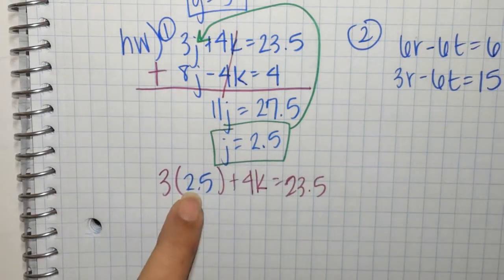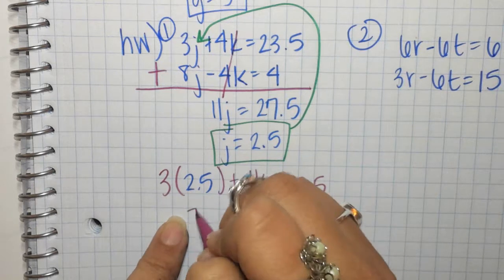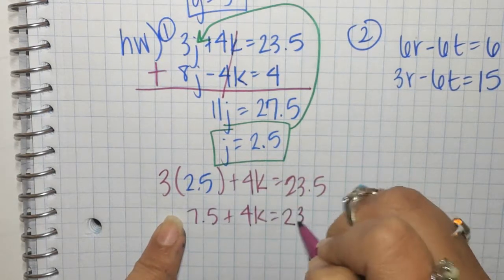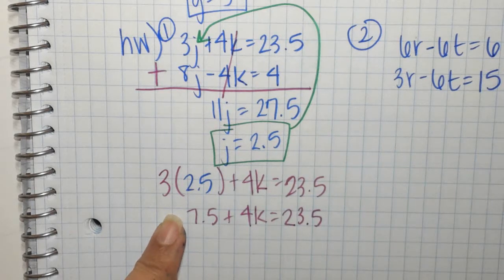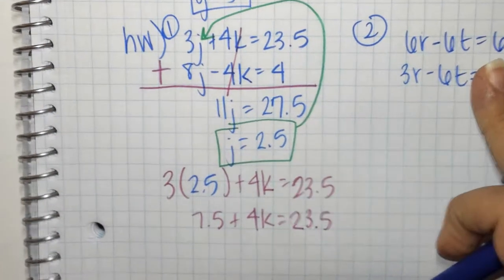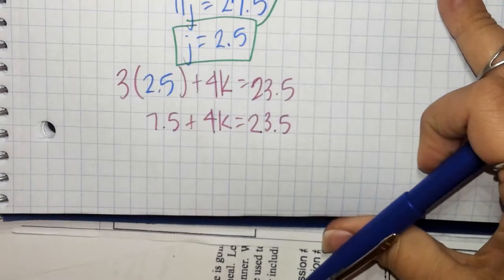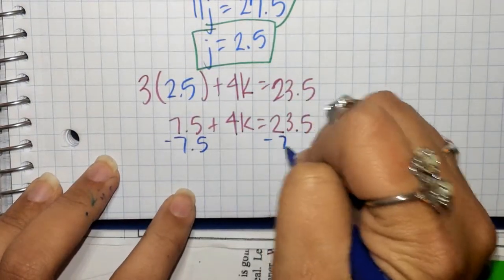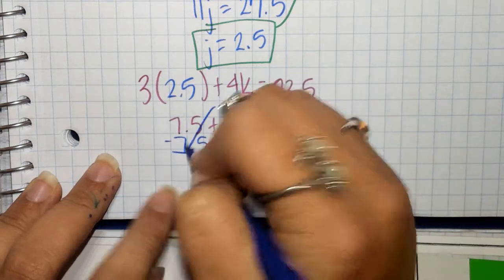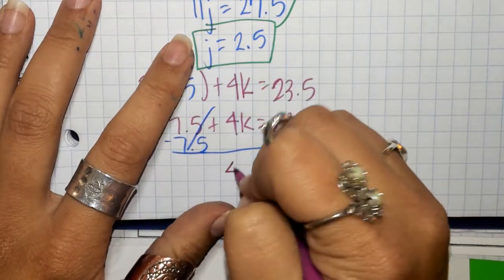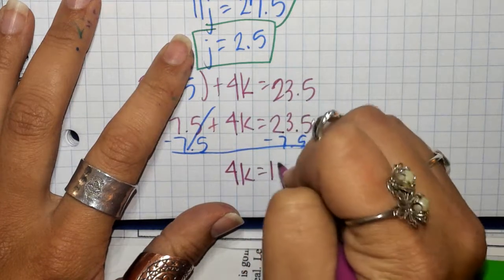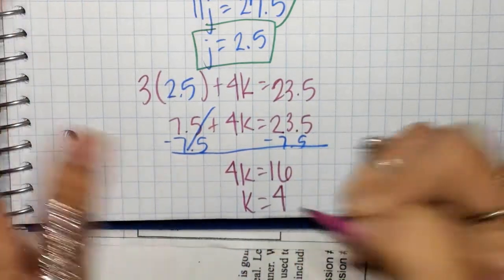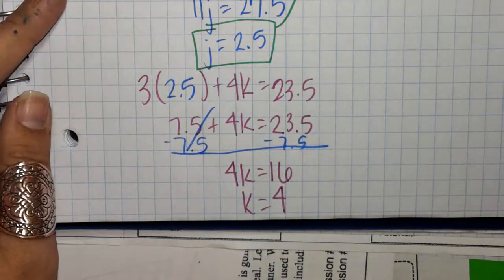Alright, now what's 3 times 2.5? And now what do I do? Alright, what's 23.5 minus 7.5? And K equals? 4. Now, how do we write our answer?